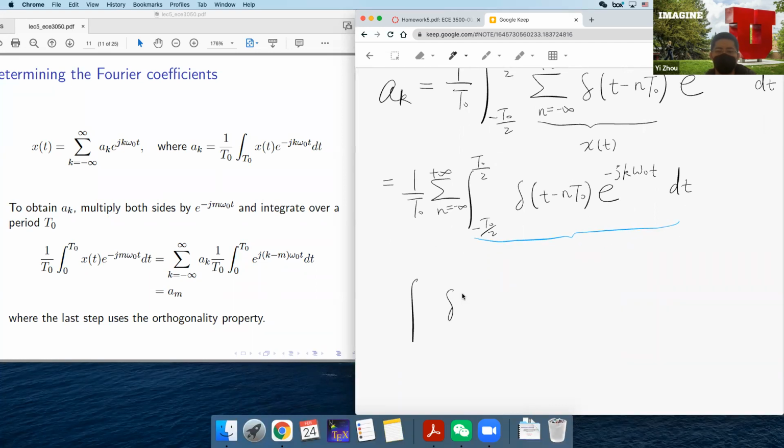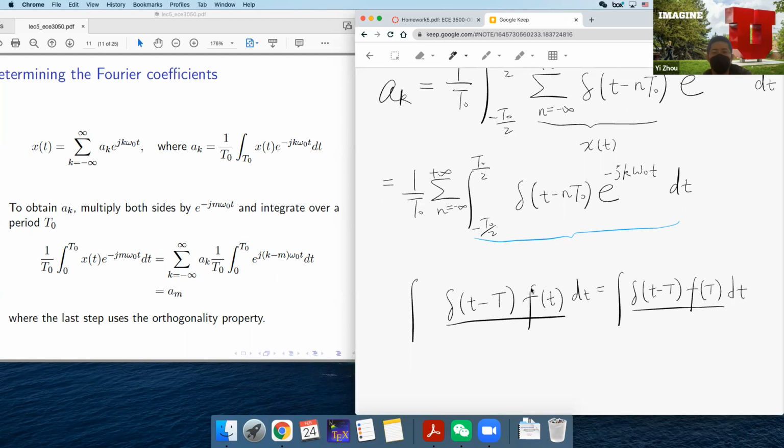So it's delta(t minus anything) times f(t), we can just replace f(t) by the constant value f evaluated at this time shift T. So here our time shift is n times T0, and this can be regarded as this function f(t).